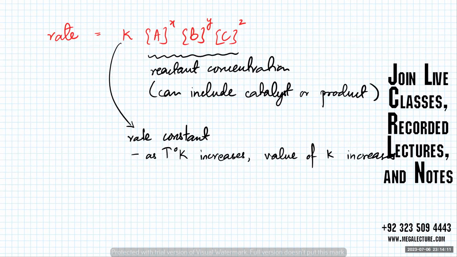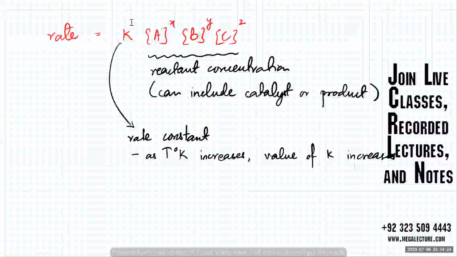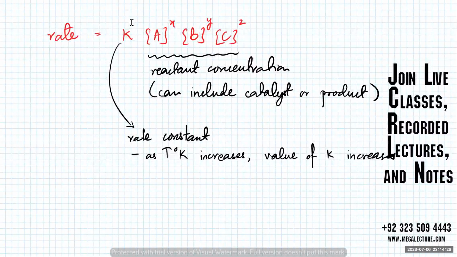Okay, so this is normally what's going on. Is that clear that if the concentrations are constant and you increase temperature, the rate increases, right? It increases because your constant, its value, its size, increases. Is that clear? Yeah, it's clear.